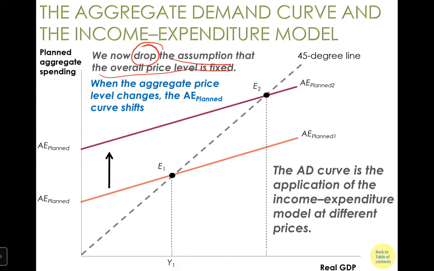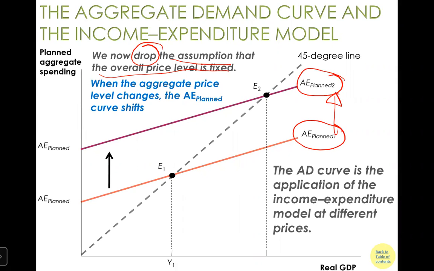If the aggregate price goes down due to the wealth effect and interest rate effect, the aggregate expenditure will move up. So that just means we are going to move from here to here, right?